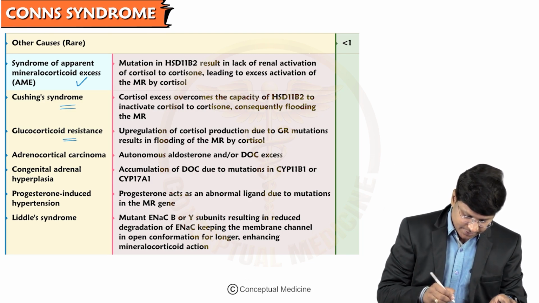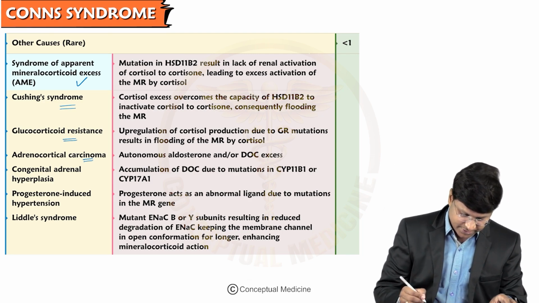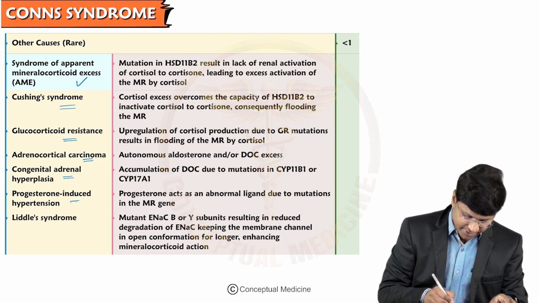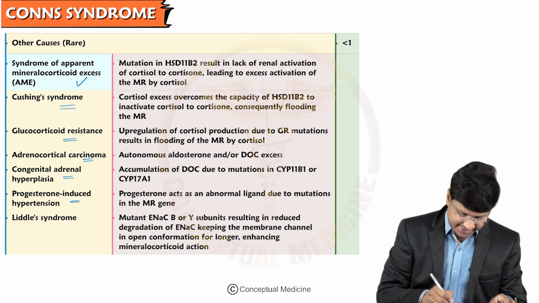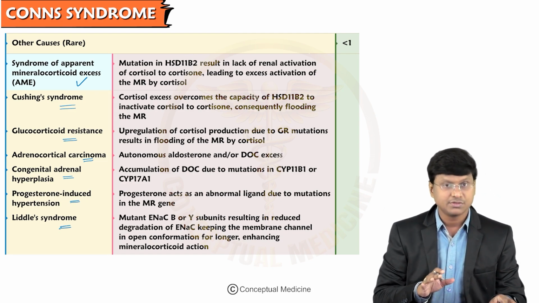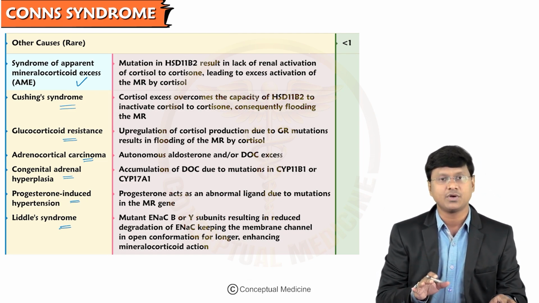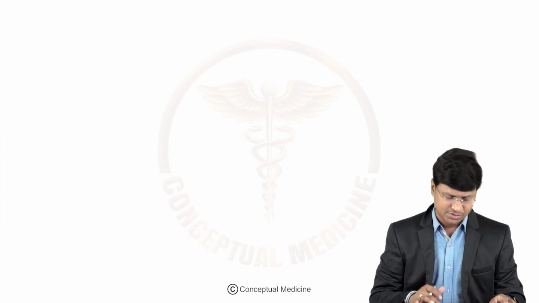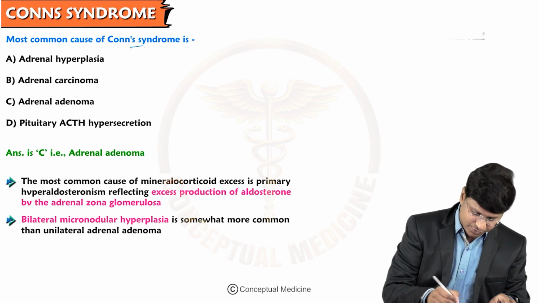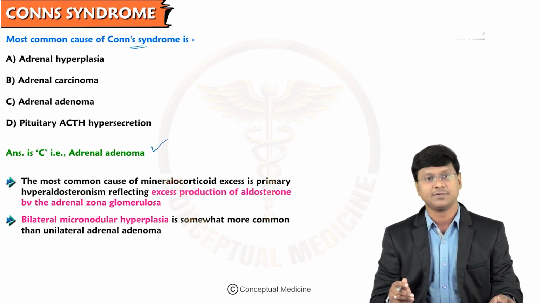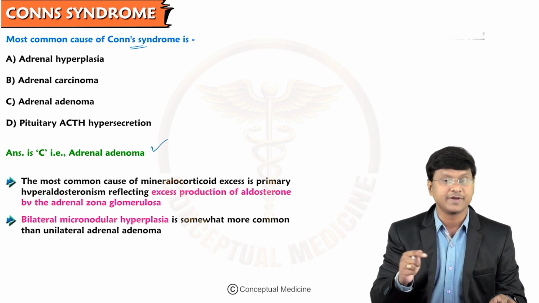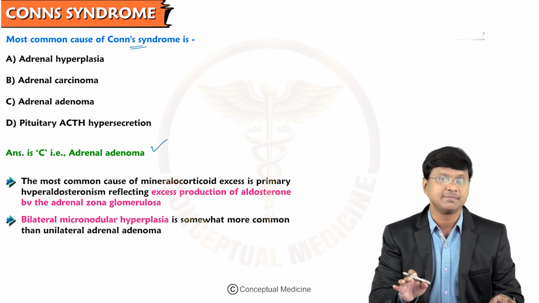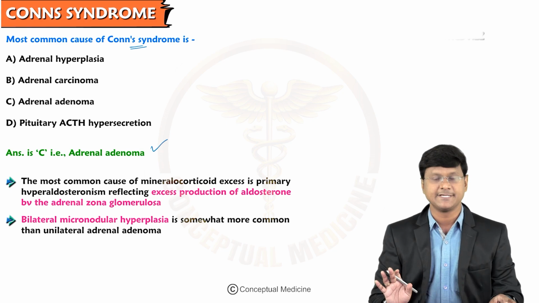Glucocorticoid resistance, adrenocortical carcinoma, congenital adrenal hyperplasia, progesterone-induced hypertension, and Liddle syndrome. These are the other rare causes. But the most common cause for Conn syndrome is adrenal adenoma, and for primary hyperaldosteronism, bilateral adrenal hyperplasia.